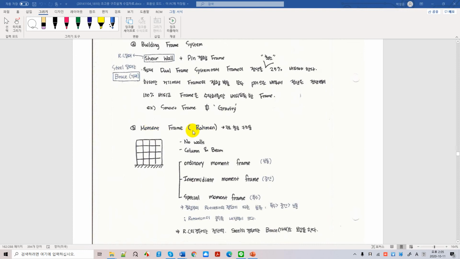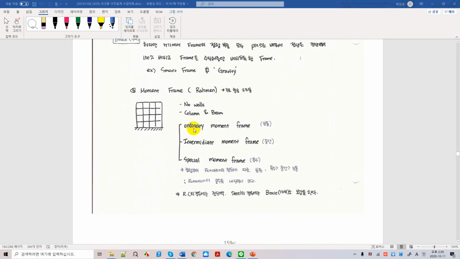And for moment frame structure, we have three types of frames: ordinary moment frame, 보통 골조, intermediate moment frame, 중간 골조, special moment frame, 특수 골조. And we had to select the R factor, seismic modification factor, depending on our selection among these three types of frames.